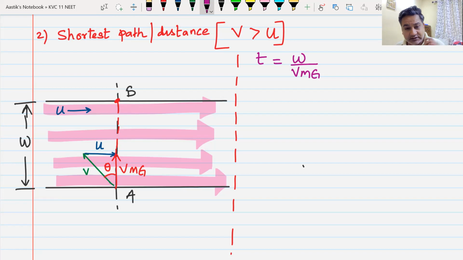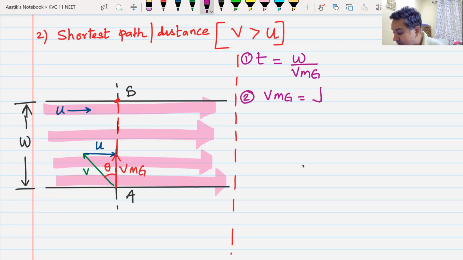This VMG is the velocity of man with respect to ground. And you can see from the right angle triangle, in this case, V is the hypotenuse, VMG is the base, and U is the perpendicular.